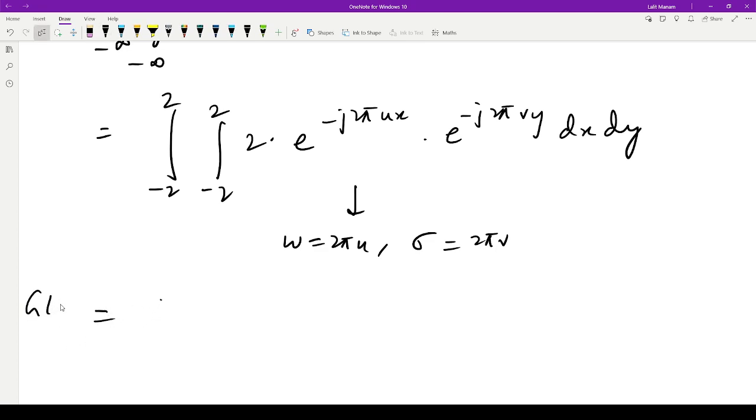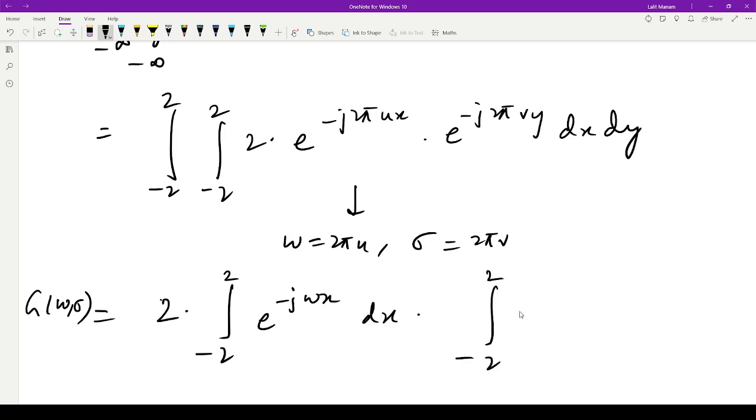So I can write g of omega comma sigma as 2 times the integration from minus 2 to 2 of e to the power minus j omega x dx, and again the same with respect to y. Is this clear? Can we separate this out?